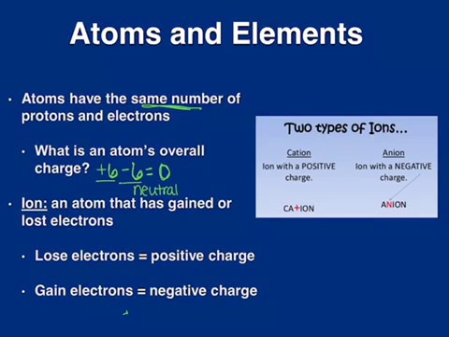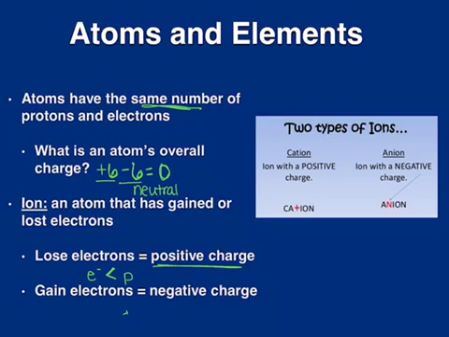However, atoms can lose or gain electrons. If that happens, it's no longer an atom, it's now called an ion. If an atom loses electrons, we have fewer electrons than protons, so we have an overall positive charge.